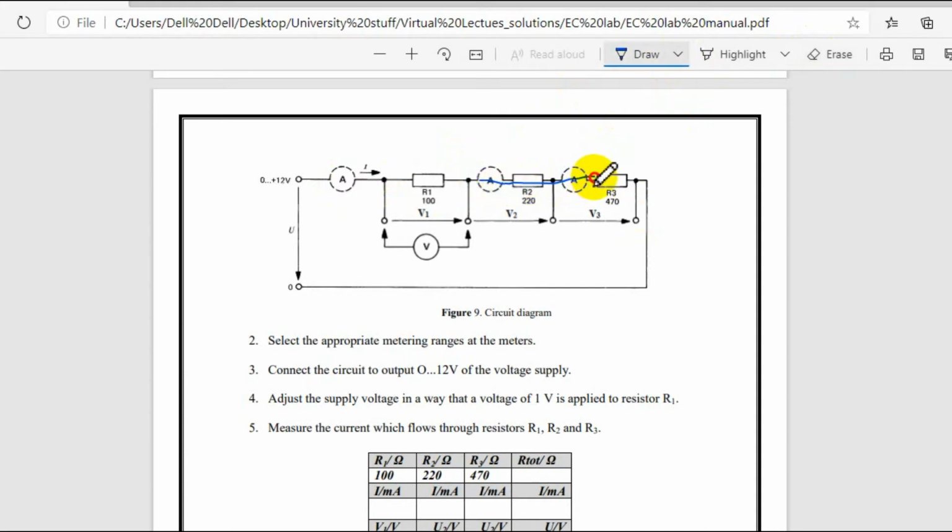Second, I will connect this ammeter and short this one and this one. The third time, I will short this and keep this ammeter. So I will show you how to do it.